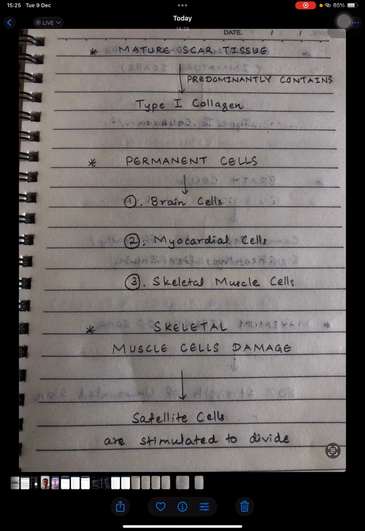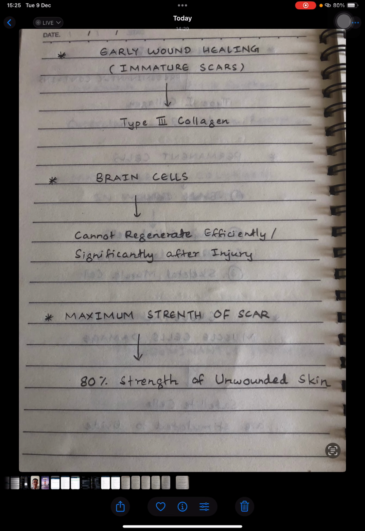That's the main difference that you need to remember for the exam. Whenever skeletal muscle cells are damaged, only satellite cells are stimulated to divide, whereas skeletal muscle fibers cannot divide.